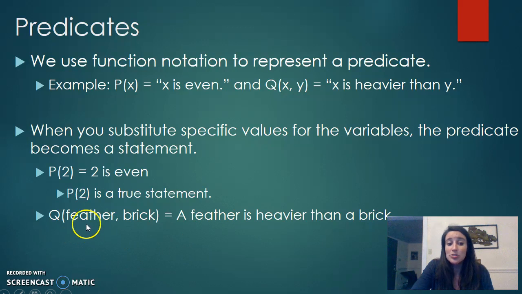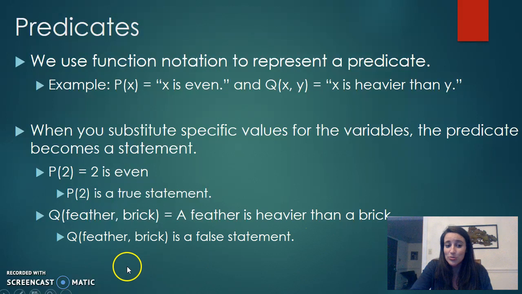We could substitute feather and brick into the predicate Q, in which case we would have the sentence, a feather is heavier than a brick. But a feather is not heavier than a brick, so Q of feather, brick is a false statement.